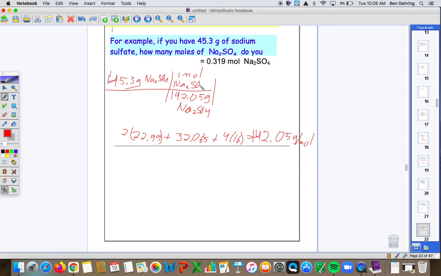And if I divide 45.3 by my answer, I should get 0.319. And this is moles because my grams cancel here and here. Moles of Na2SO4.